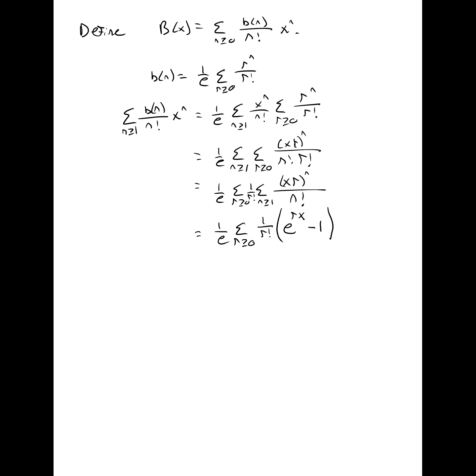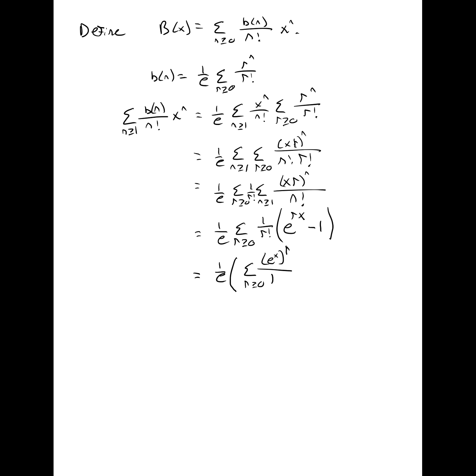And so just distribute. We get, I'm going to leave my 1 over e on the outside here, but on the inside we have the sum from r bigger than or equal to 0 of, well, let's distribute this in. We get e to the x, and we'll rewrite it a little bit.